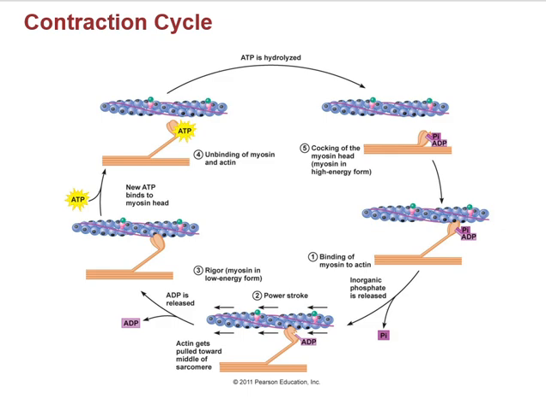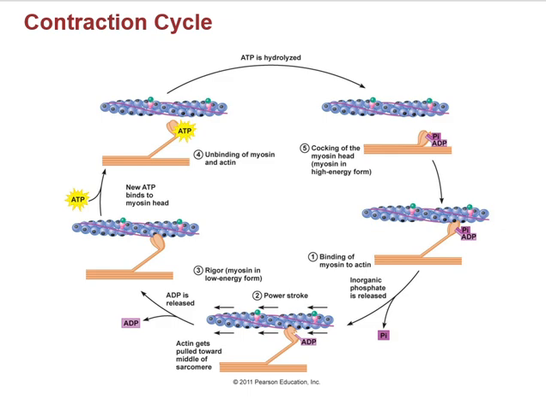Once myosin binds to actin, it releases its inorganic phosphate and binds even stronger to actin. And that also initiates a power stroke, or a propulsion force, where actin gets pulled toward the middle of the sarcomere. Then the myosin head releases the broken down ATP, specifically in the form of ADP, or adenosine diphosphate.